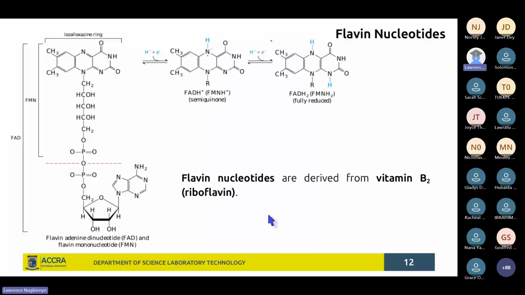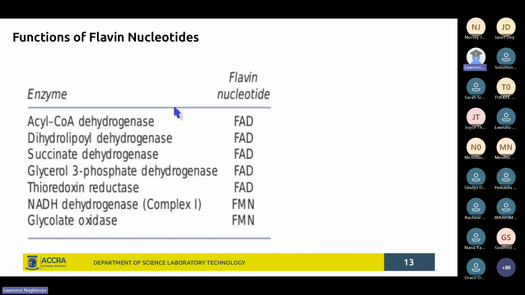And here too, as we did with the nicotinamide nucleotides, you see that there are some examples of enzymes like the acyl-CoA dehydrogenase, which is found in lipid metabolism. FAD is a coenzyme. Dihydrolipoyl dehydrogenase, this one too, lipid metabolism, FAD.